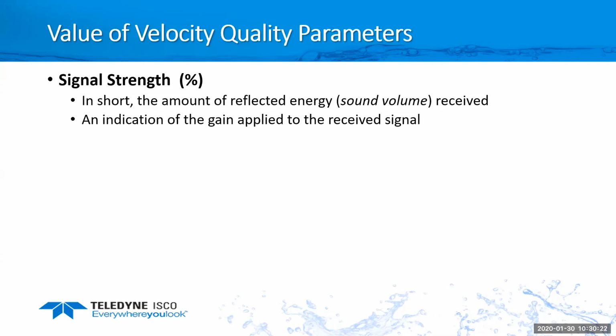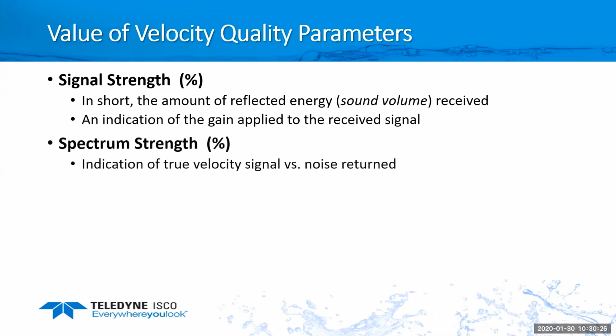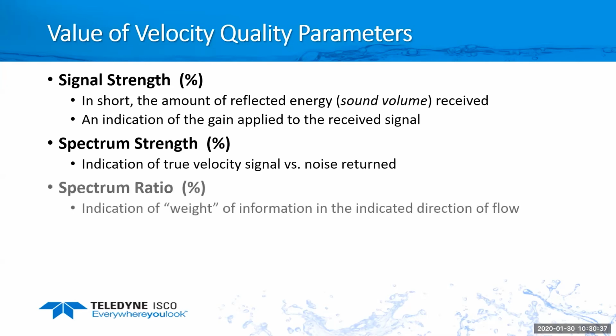A lot of times you're going to see this in around the 60% range. The spectrum strength is the return signal from the signal that's been sent out. It's an indication of the true velocity versus the noise. And then last, the spectrum ratio, it tells us the direction of the flow.